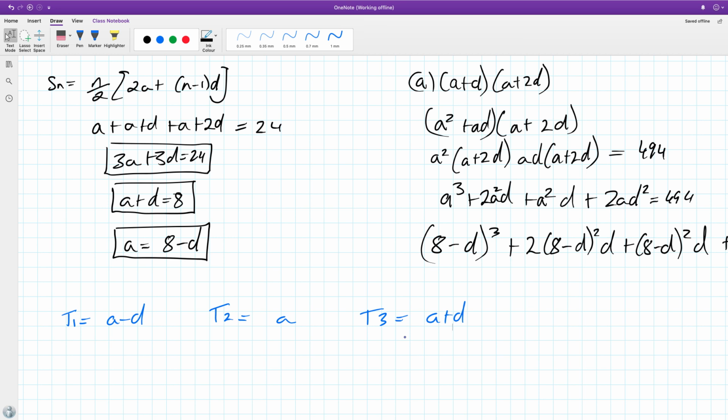This is important. As I said, leaving cert higher level paper is all about saving time. What was the first bit of information we were given? Their sum is 24.